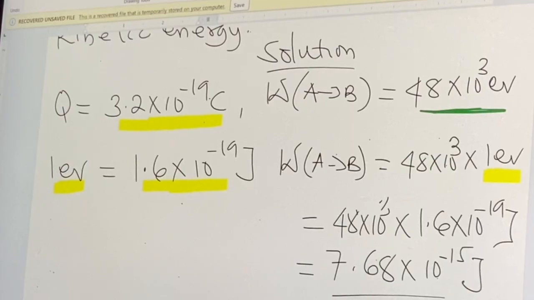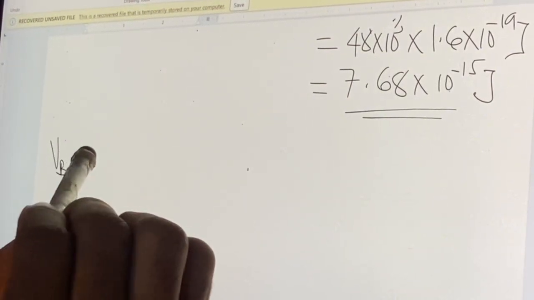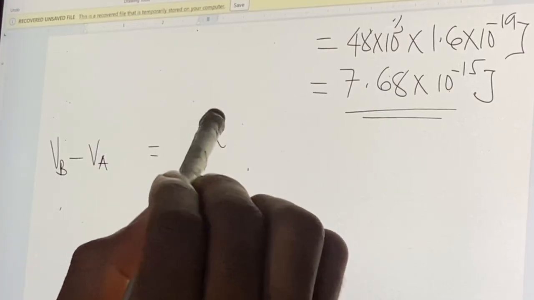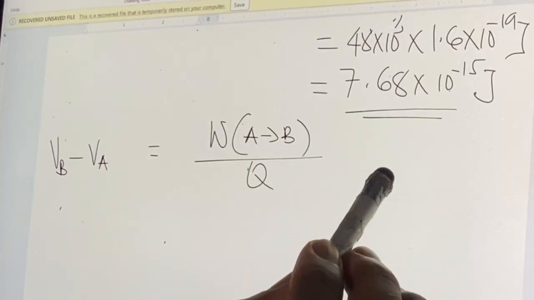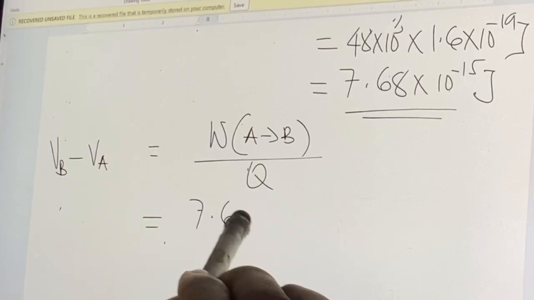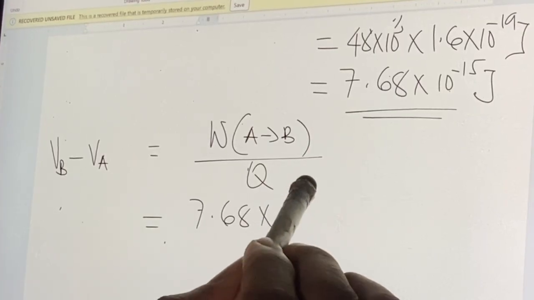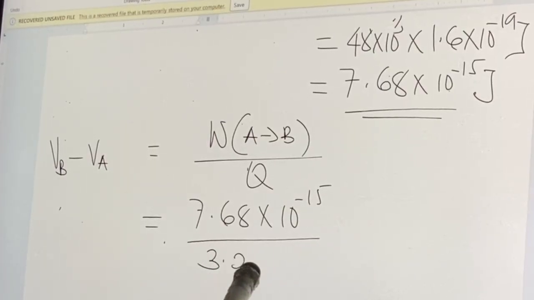We can now use the value to calculate the potential difference. So let's use the value here to calculate the potential difference. From the formula here, potential difference VB minus VA is equal to work done, that is the external work done here, over Q. Please don't forget, will be equal to, let's replace this, 7.68 times 10 raised to the power of minus 15 over the charge here, which is 3.2 times 10 raised to the power of minus 19.